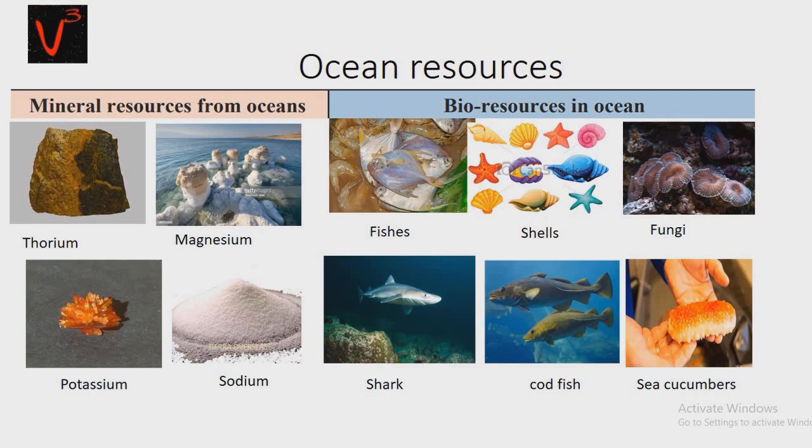Shells, used for preparation of medicines, ornaments and decorative articles. Fungi, used for the production of antibiotics. Shark and codfish, used for production of edible oil rich in vitamin A, D and E. Sea cucumbers, used as medicine for treating cancer and tumors.